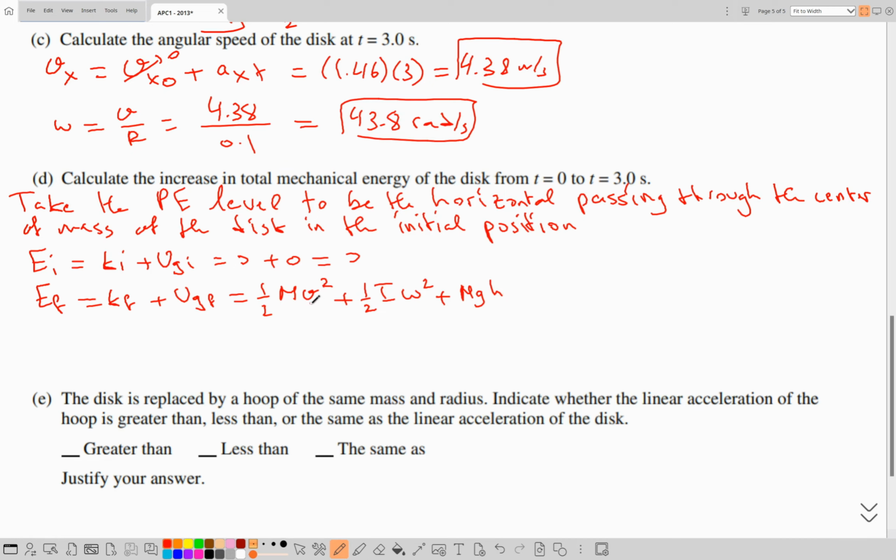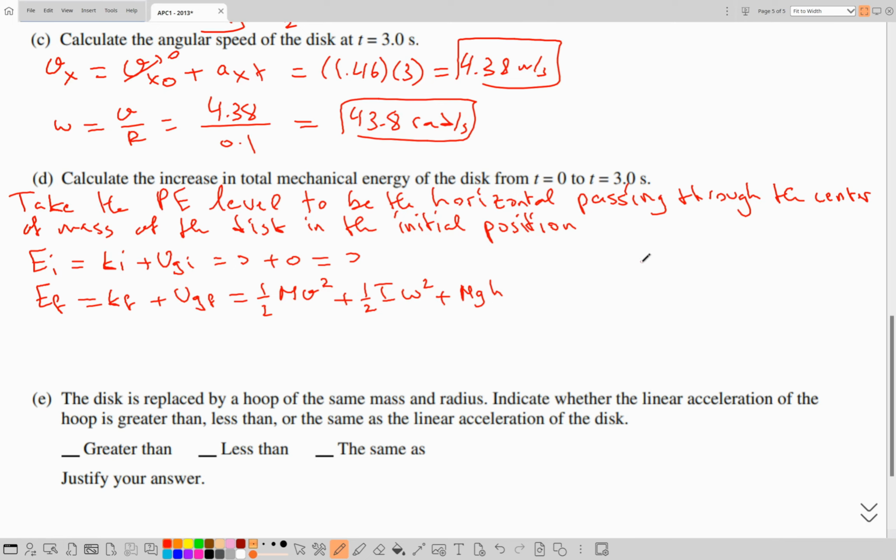Now we know the value of m, we know the value of v. I is half m r squared, we have m and r, we have omega which is 43.8, but we need to determine h. They told us to calculate, and they gave us the value for time, so we need to calculate the numerical value and the increase in the mechanical energy.